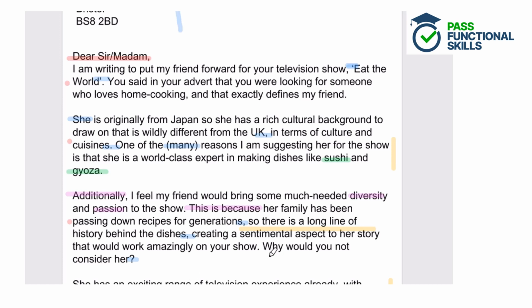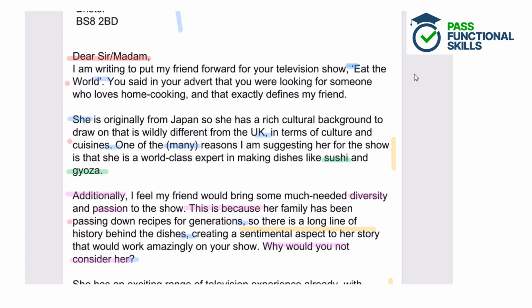And then the next sentence, the next question is connected to this, saying we've got all of these different reasons why she would work amazingly, so why would you not consider her? So can you see how that paragraph has sentences that all link together to provide a sort of cohesive argument there? And you should be trying to do that in your own answers.